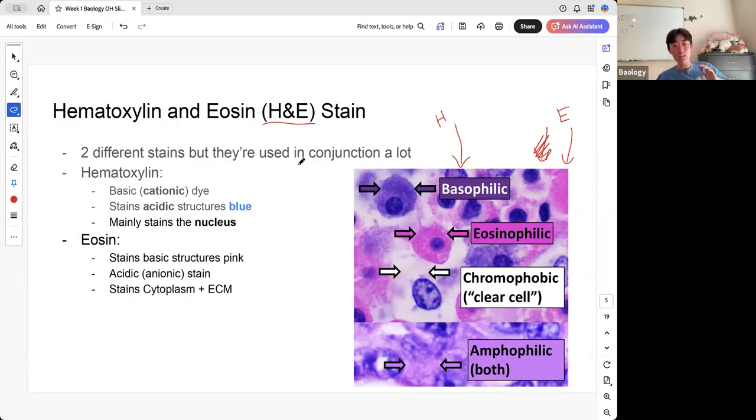And the reason for this is that hematoxylin, which is this purpley one, binds to basic parts. So basic residues or basic places have not that much positive charge. So because hematoxylin is positively charged, it is attracted to parts of the cell that are negatively charged. Wait, I think I messed up. That's not true. Oops.